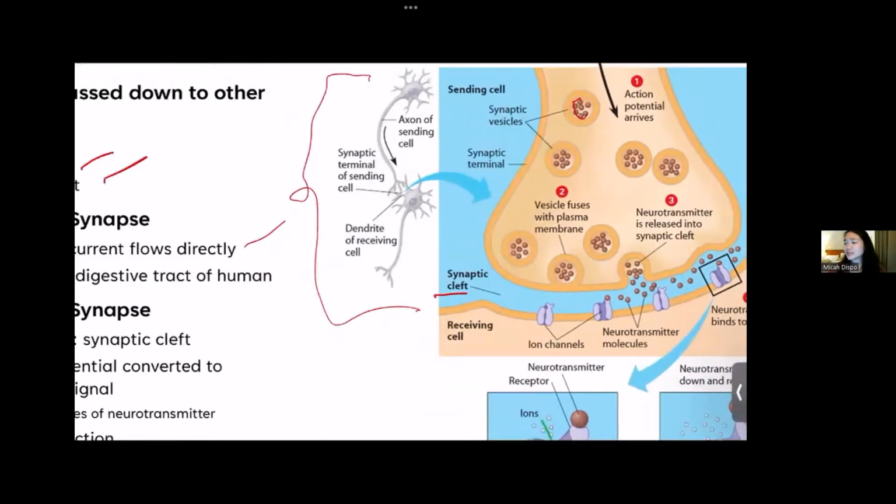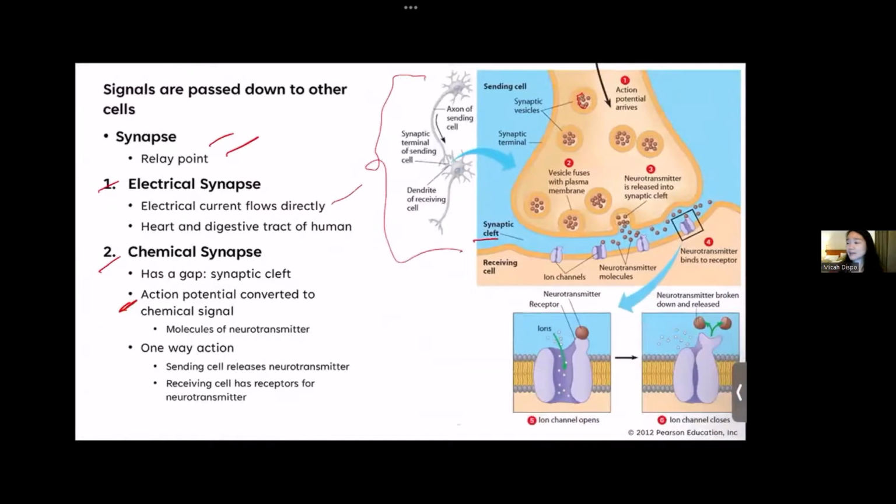So when the action potential reaches the synaptic terminal, this will now cause these vesicles, itong mga vesicles dito, that contain the neurotransmitters. So we call these vesicles that contain neurotransmitters your synaptic vesicles. So this will cause the synaptic vesicles to fuse with the plasma membrane of your sending cell.